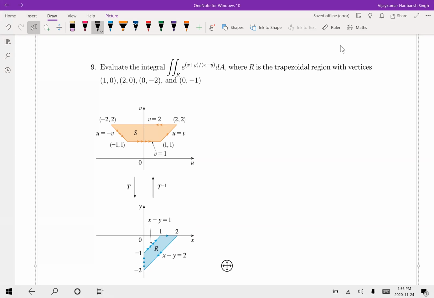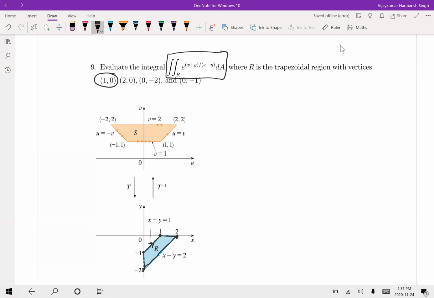So if you draw this trapezoid, we have (1, 0), which is x is 1, y is 0. Then we have (2, 0), then (0, -2), and then (0, -1). So this is the boundary of the region, and R is this region here, and you want to compute this integral on that.